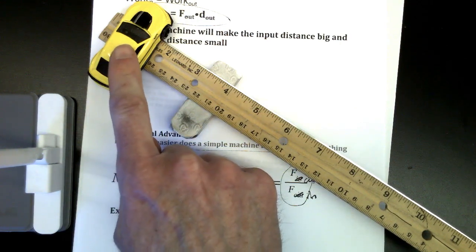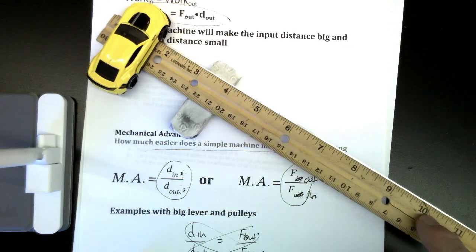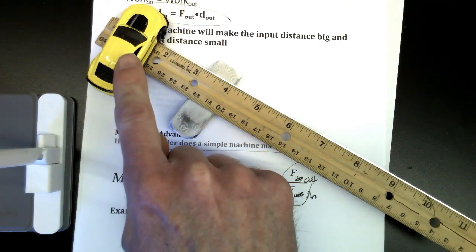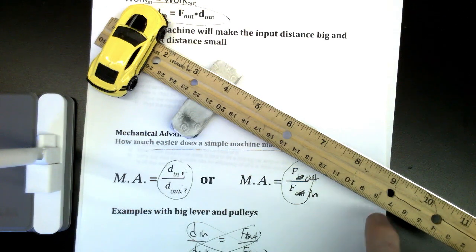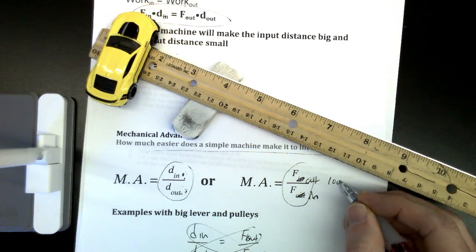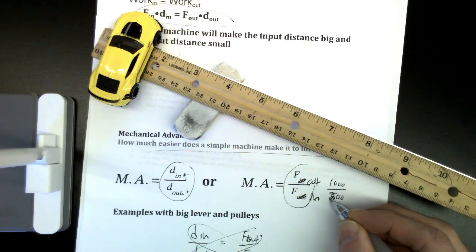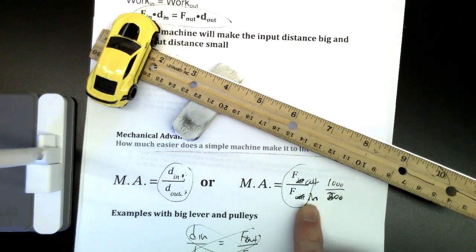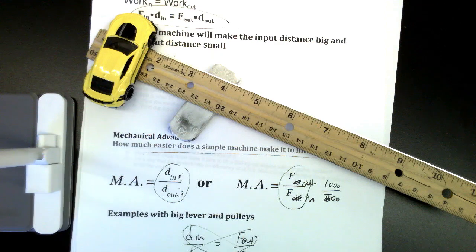So in order to lift up this 1,000 pound car, I only need to lift with 200 pounds on this side, because that's 1,000 pounds divided by 5, right? So my output force here is 1,000 pounds, and my input force is 200 pounds, and when I divide those, I get 5. That's my mechanical advantage. So I can input 200 pounds and I can lift up 1,000 pounds.